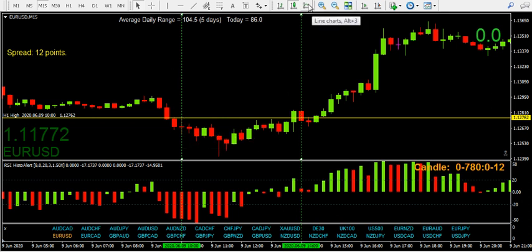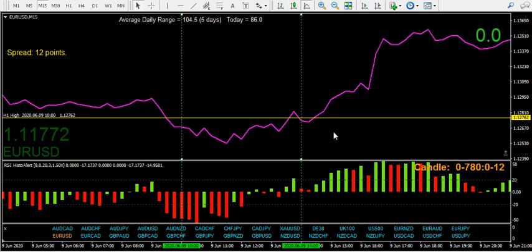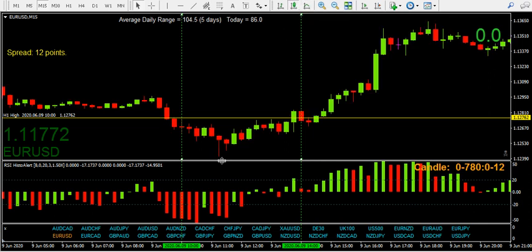So if we look on the line chart now, there's your low, there's your high, there's your pullback, there's another higher high, here's another higher low, here's a higher high. So how do you know when the trend is broken just looking at those swings?